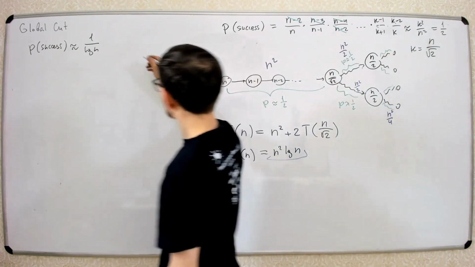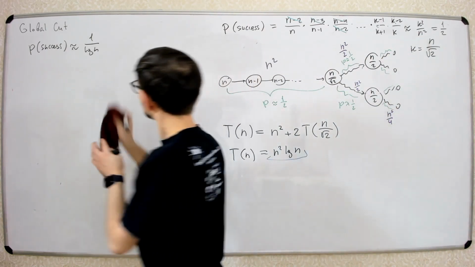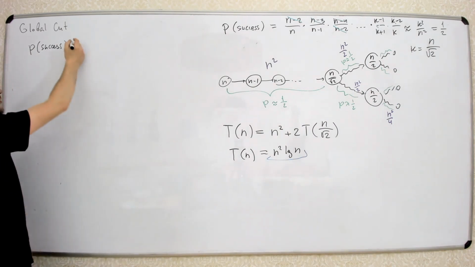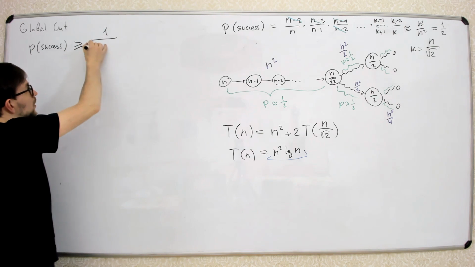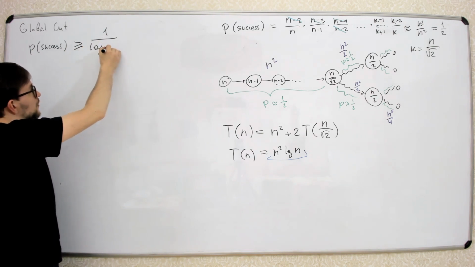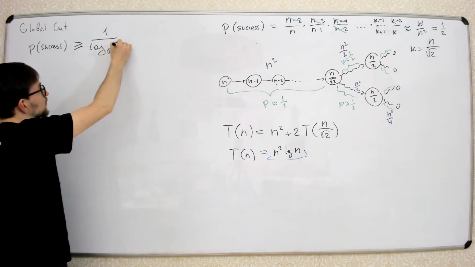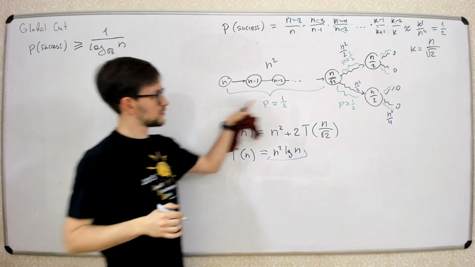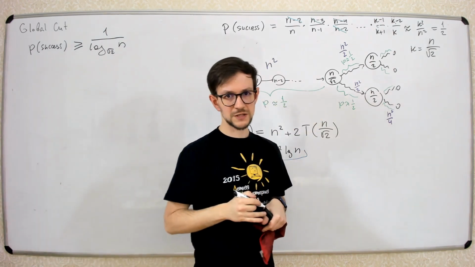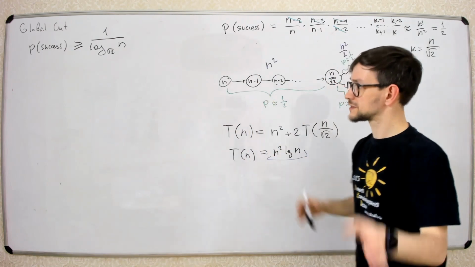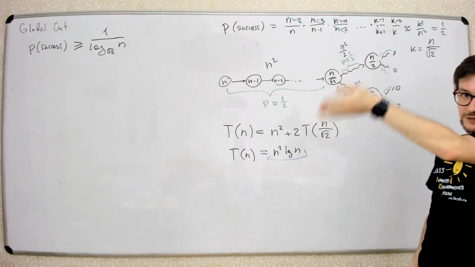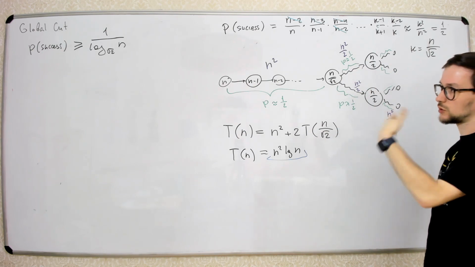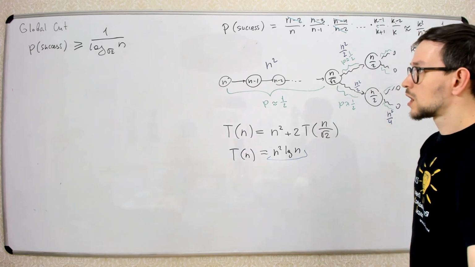So I will prove that the probability of success is greater or equal to 1 over log, let's say base square root of 2, of n. Since we have this logarithm base square root of 2, I'll prove it like this, by induction.